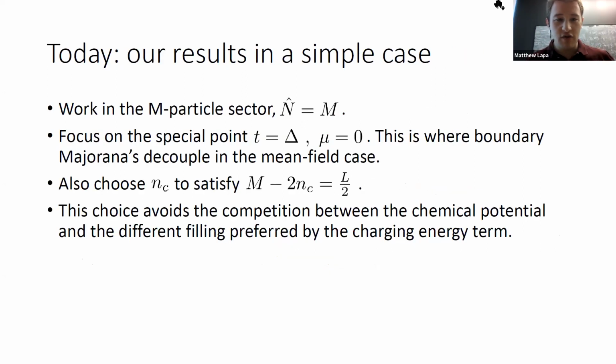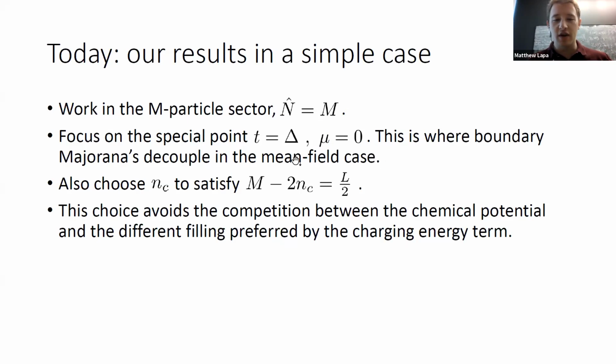So today, just to give a flavor for the physical content of our results, I'll present the results in a simple case, which avoids that subtlety that I just mentioned. We'll look at a simple example where we'll always fix the total particle number equal to m and work in that sector. And then we'll look again at this special point t equals delta equals mu equals 0.